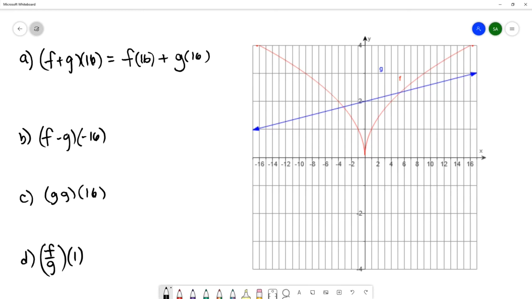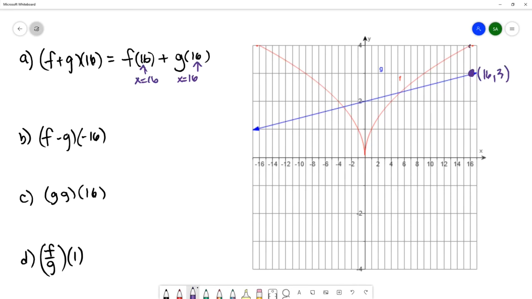So I want to identify an x value of 16 on f and an x value of 16 on g. So over here on the right hand side, I can identify on the graph of g a y value of 3, so that's (16, 3).